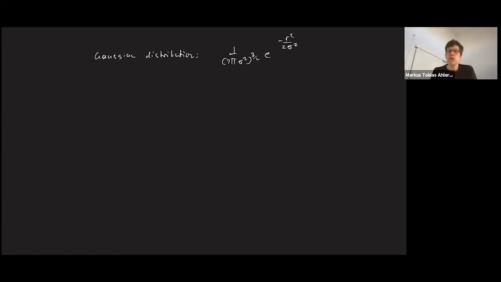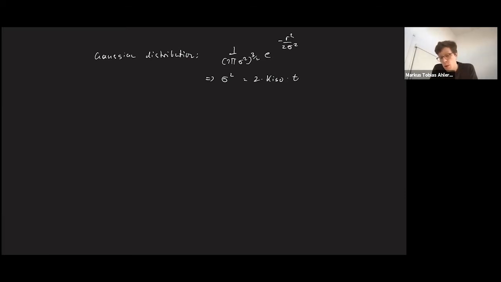And now if I compare this to the solution of this diffusion problem, I can identify that sigma squared here is identical to 2 times the isotropic diffusion scale times the time after the emission, the time lag after the emission.